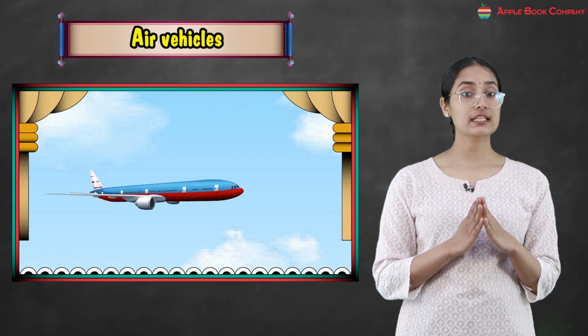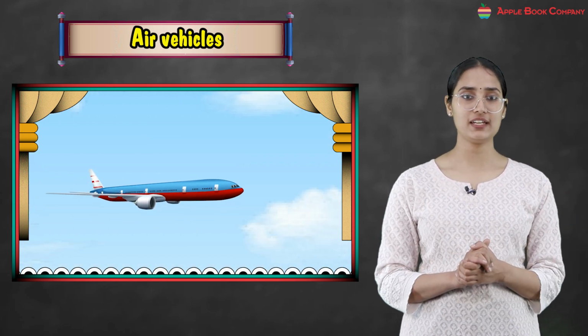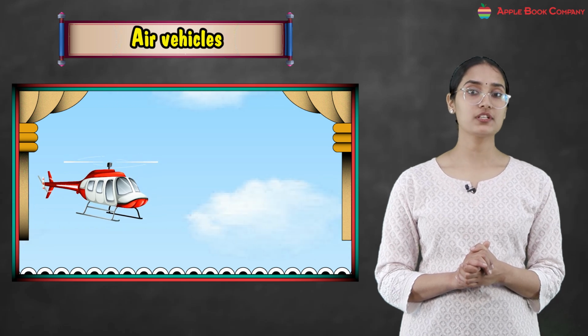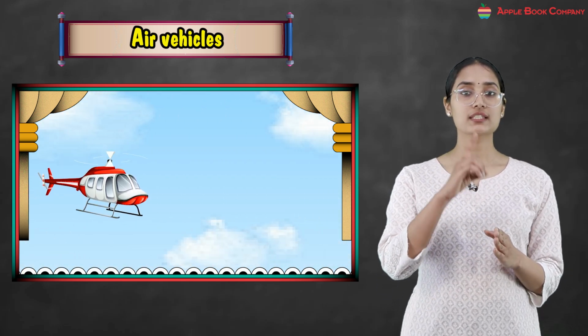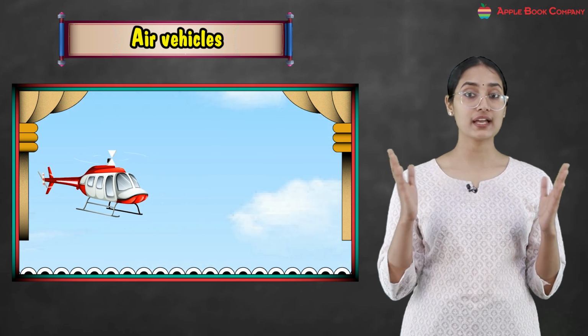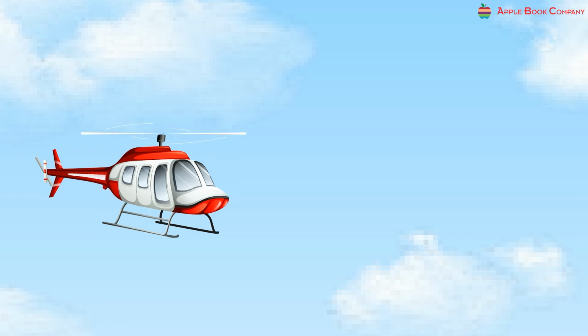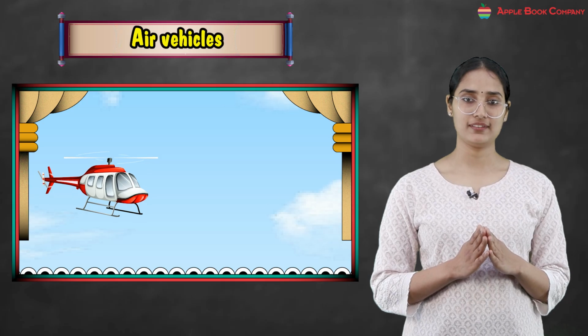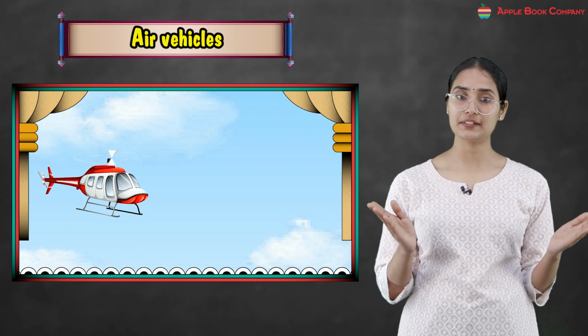And people can sit in the airplane very safely, right? A helicopter is also used as a flying vehicle and it has a fan on its top. A helicopter can hover and land in small places, right? So kids, we have 2 air vehicles.